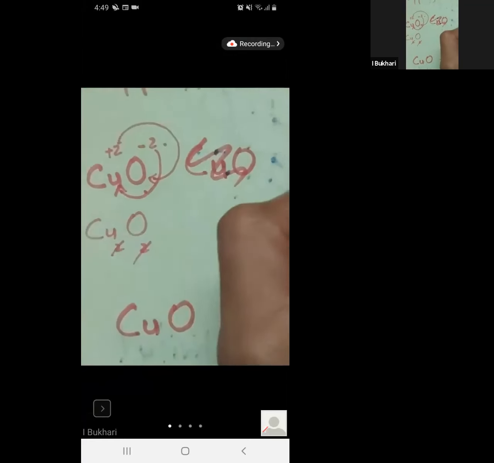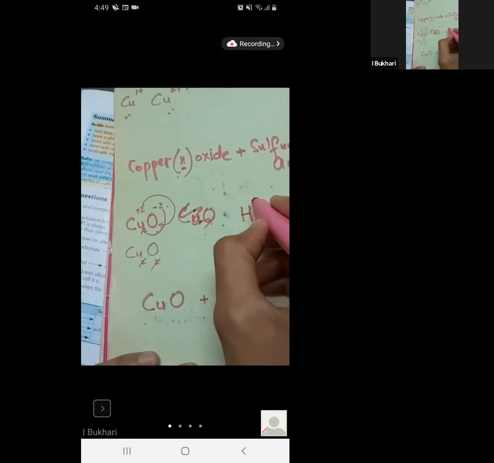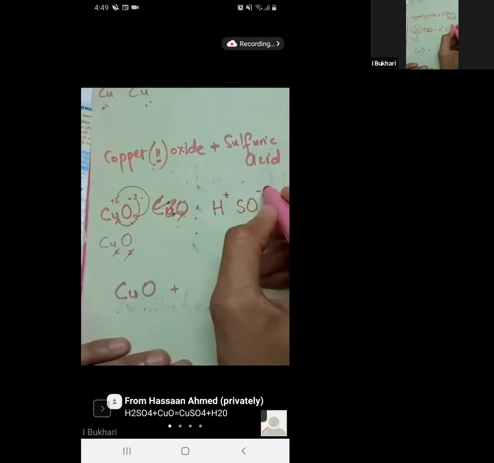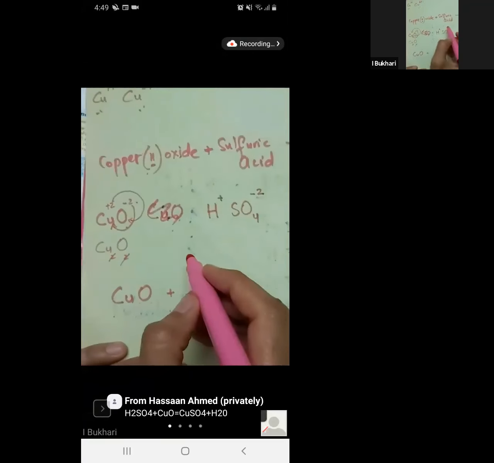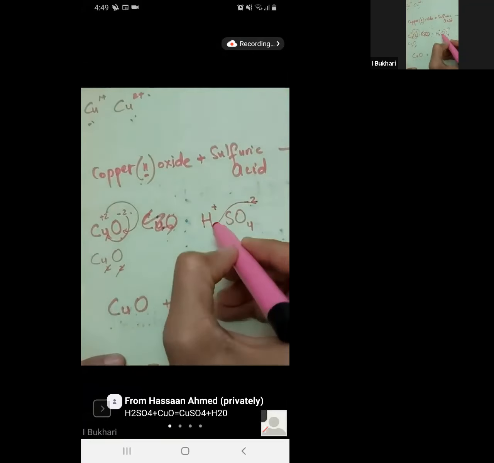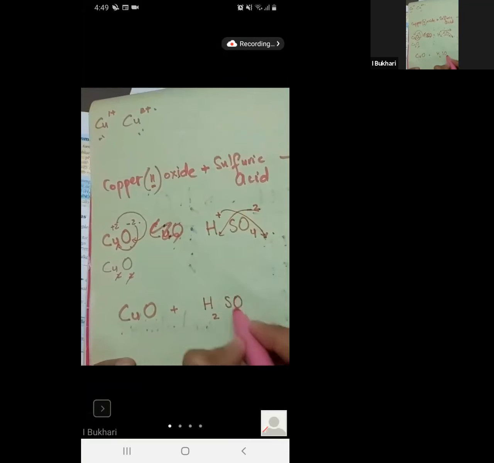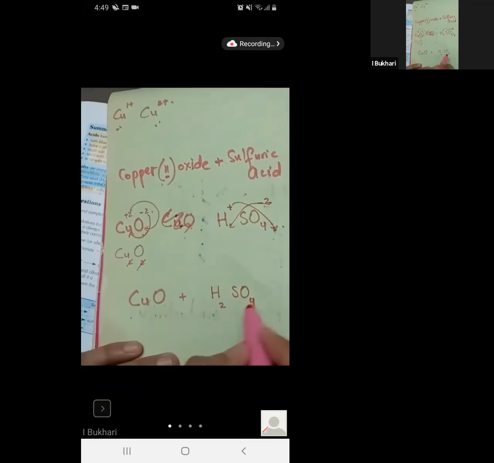Again, sulfuric acid. Hydrogen has an oxidation state of +1. Sulfate has an oxidation state of -2. So 2 will be written here, 1 will be written here. So I got H2, and we don't write 1, so I leave SO4 like that.